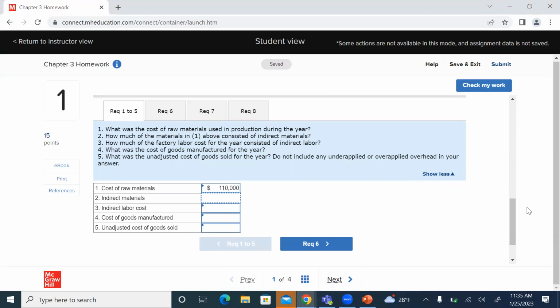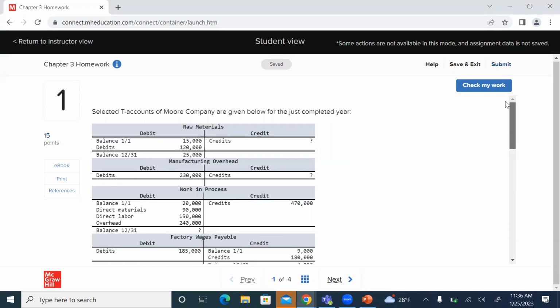Indirect materials. How much of the materials in one above consisted of indirect materials? How are we going to know that? Let me just look.